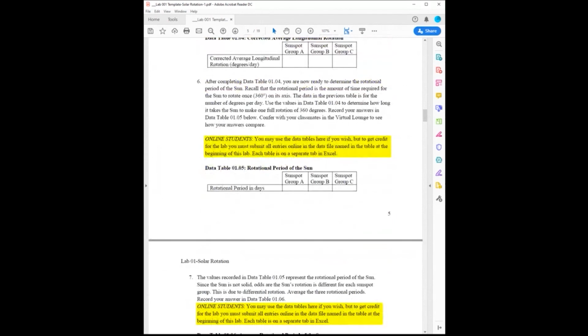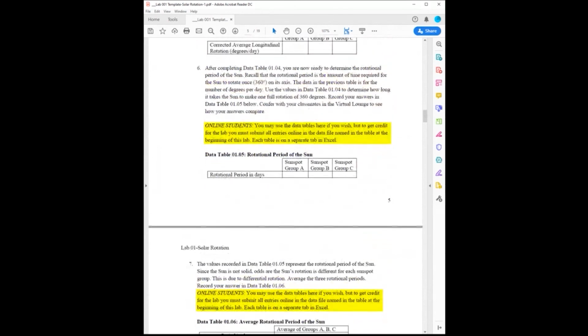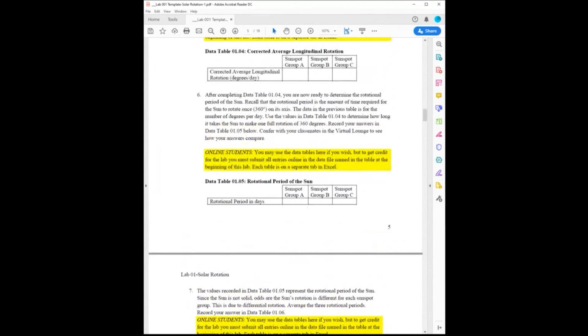Then step 6, after completing data table 1.04, you're now ready to determine the rotational period of the sun. Recall that the rotational period is the amount of time required for the sun to rotate once, 360 degrees, on its axis. The data in the previous table up here is for the number of degrees per day.